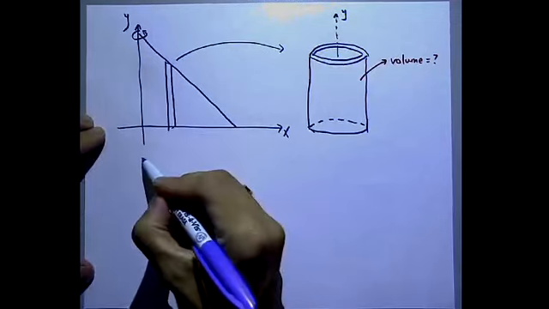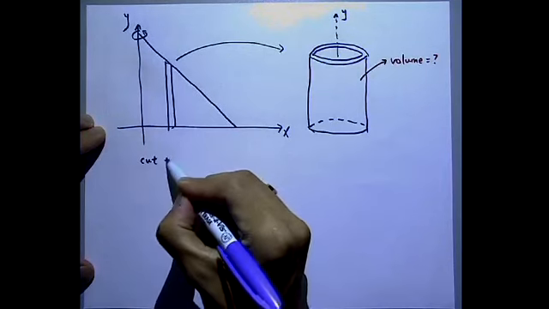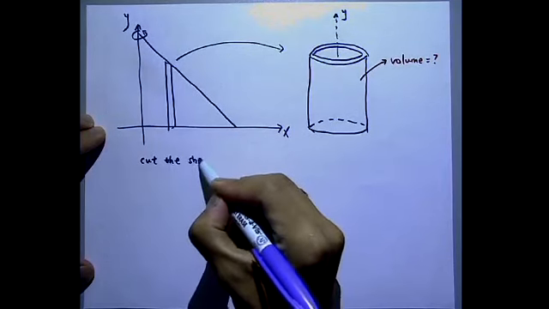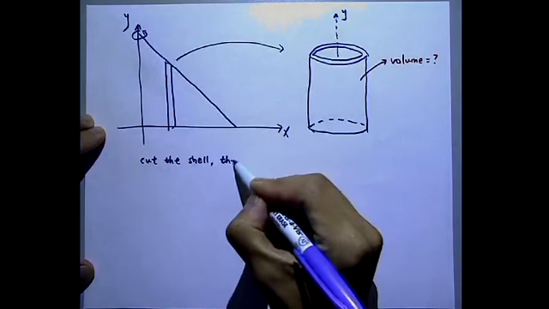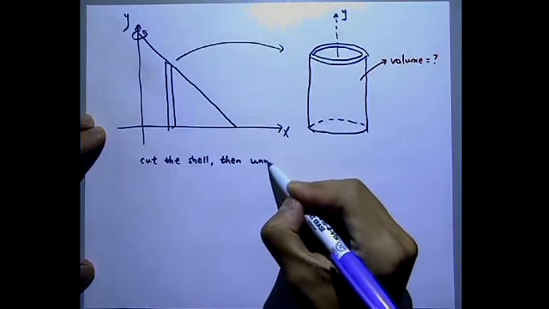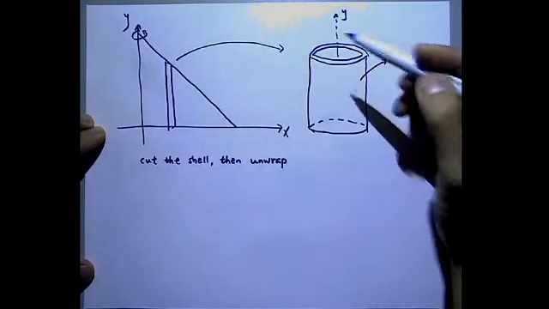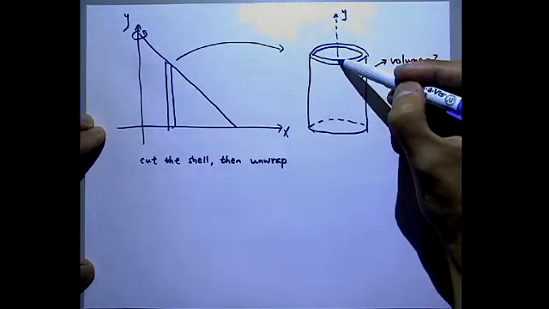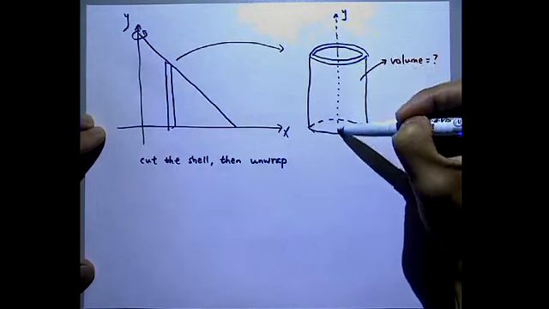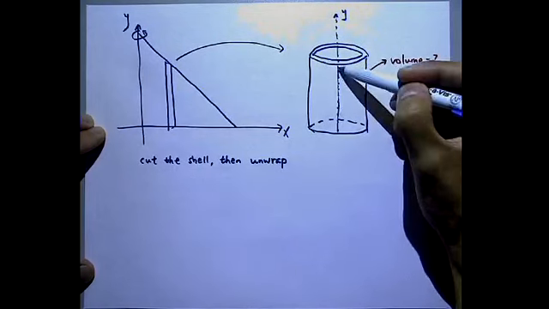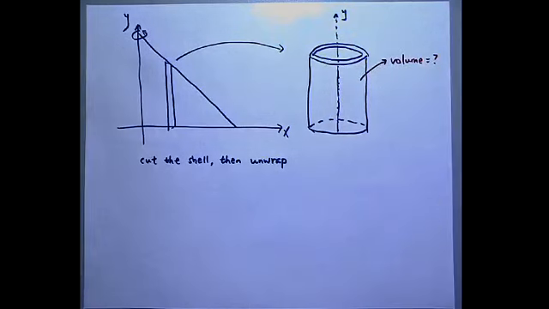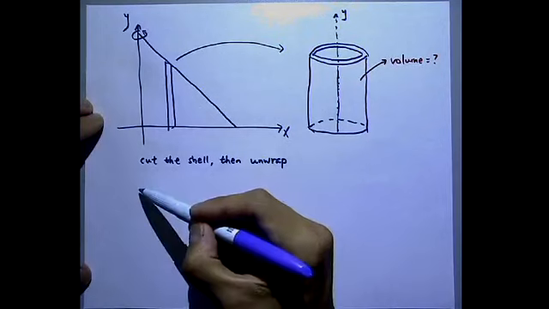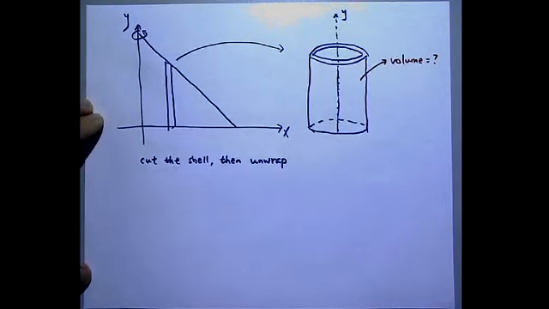We're going to make a cut. So let's make a cut, let's say, straight down the middle here. And then I'm going to unwrap that thing. And what do I get when I unwrap it?